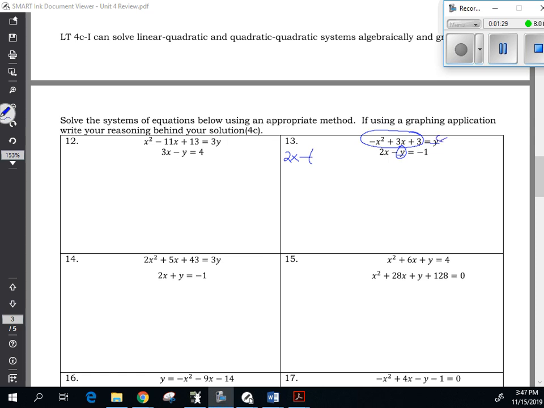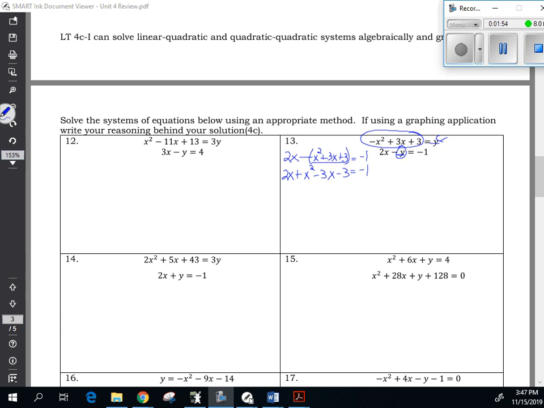So it's going to be negative x squared plus 3x plus 3 is equal to negative 1. So I just replace this y with all of that information. I distribute, so it's a negative x squared. This is going to be plus x squared minus 3x minus 3 is equal to negative 1.